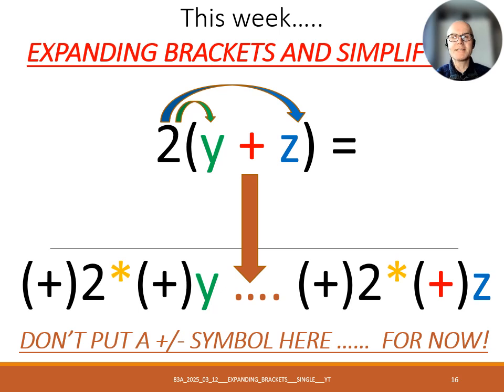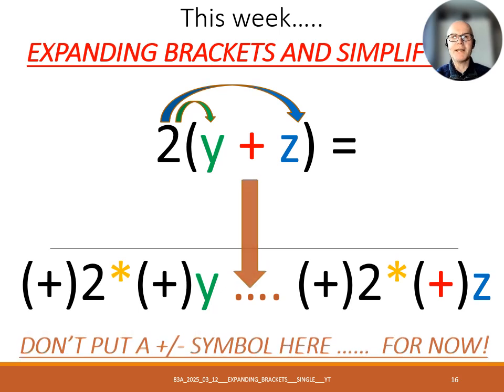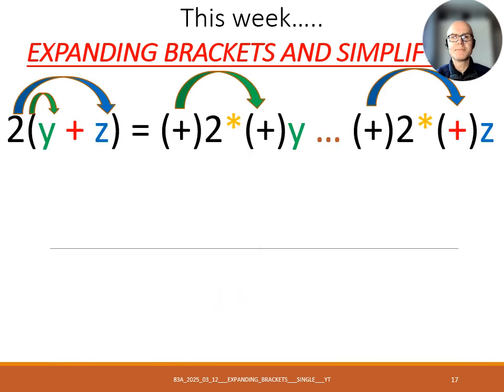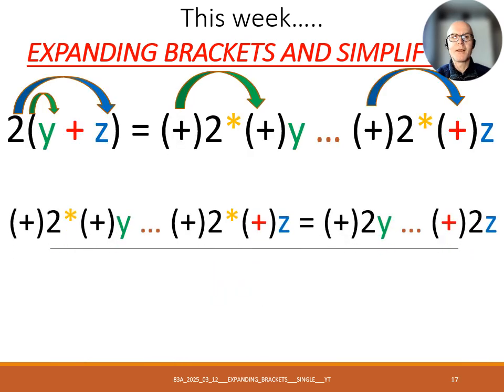When we get to the answer step, we can put it all back together again. Positive times a positive. Positive 2 times positive y equals positive 2y. Positive 2 times positive z. Positive times a positive equals a positive. Positive 2z.